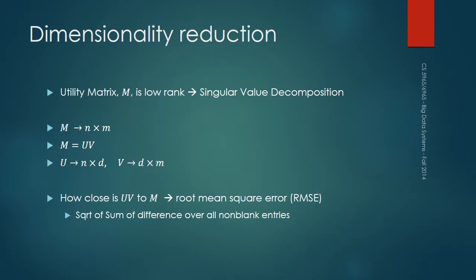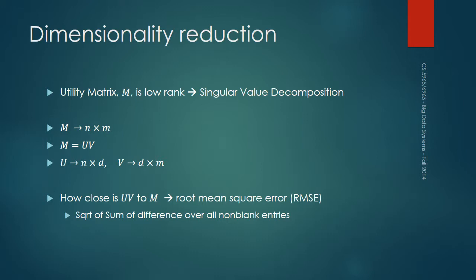Look at it in terms of the number of variables. M is of size n times m, correct? Whereas if I'm storing U and V, then it is basically n times d plus d times m. Now if you make an assumption that d is significantly smaller than n and m, then we have fewer unknowns that we are representing.